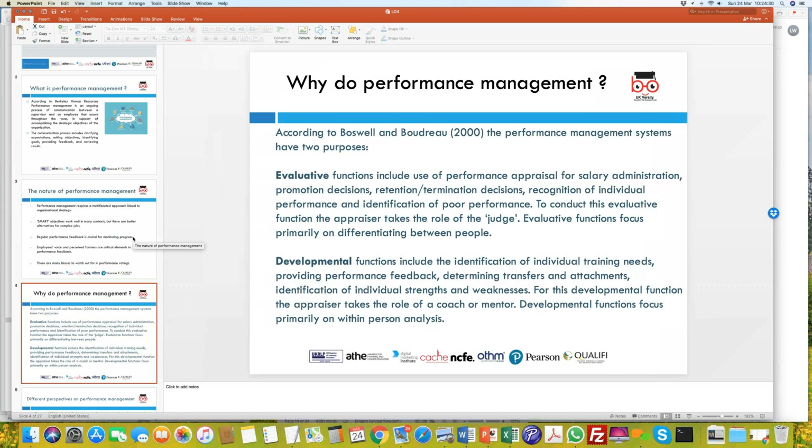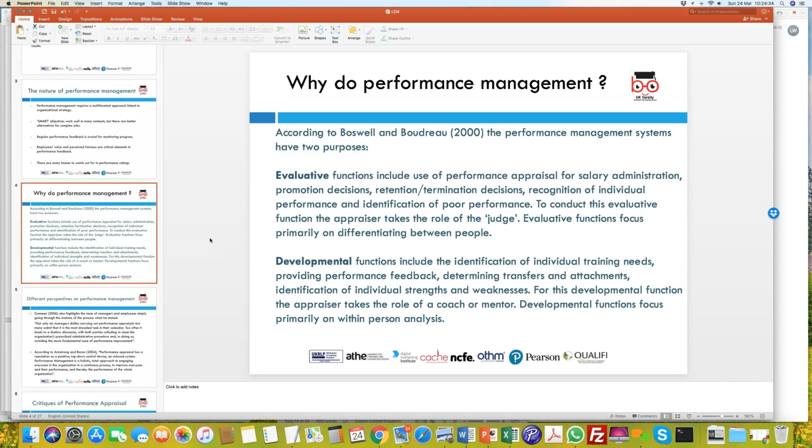Now, what we also look at is that when we look at the systems which are put in place, there are two different types of systems. According to Boswell and Boudreau, performance systems are of two types. One of them is called evaluative, and the other is called developmental. In evaluative, these systems primarily do an evaluation at the end of the year to see whether you performed in this role or you have not.